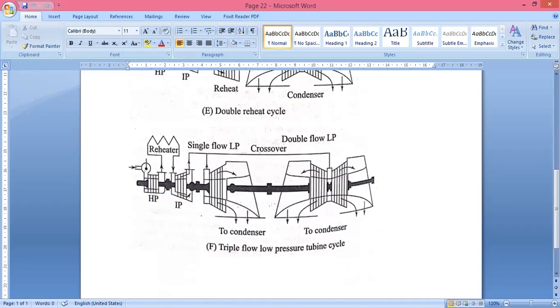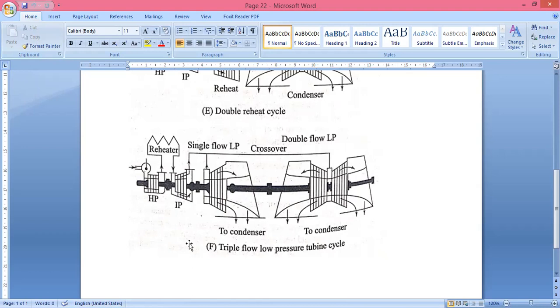What we show with the triple flow here is one double flow LP turbine, one is here, one is here, and a single flow LP turbine here.